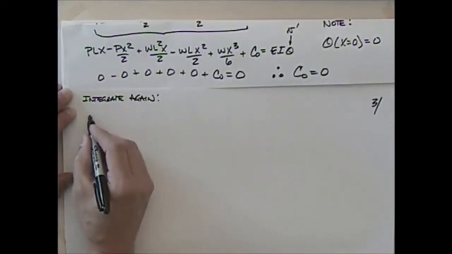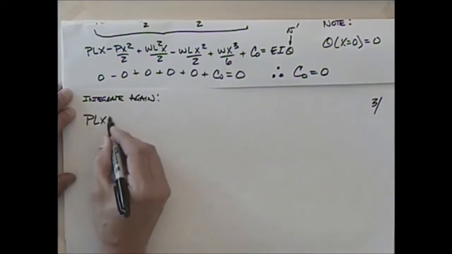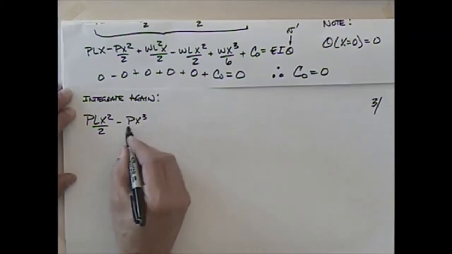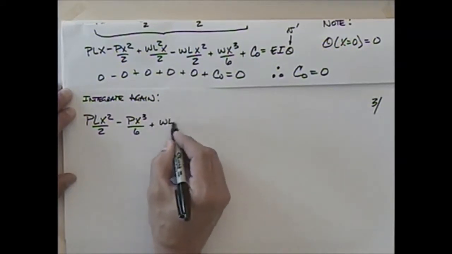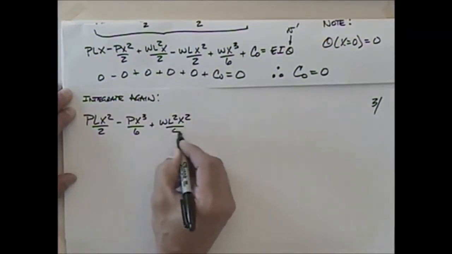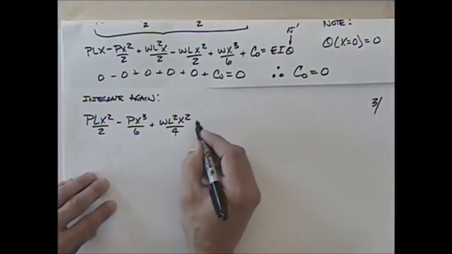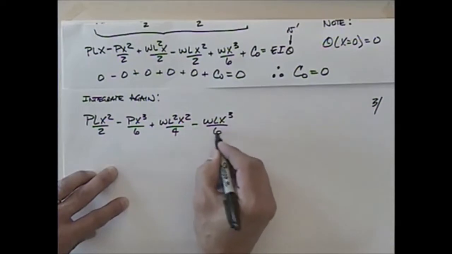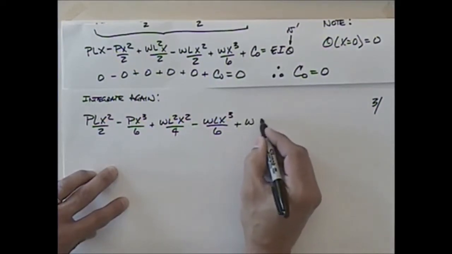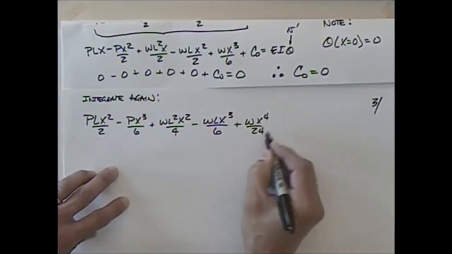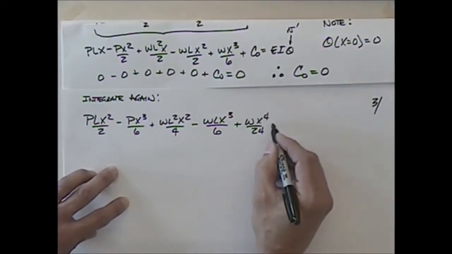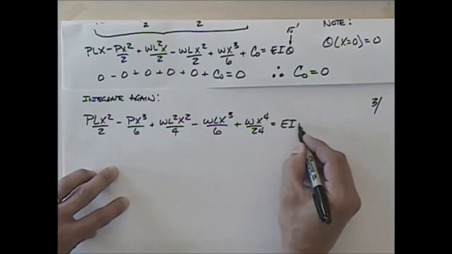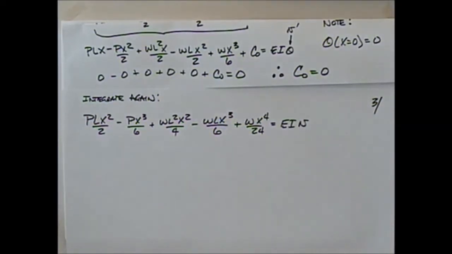So integrating again, you get PLx squared over 2 minus Px cubed over 6 plus WL squared x squared over 4 minus WLx cubed over 6 plus Wx to the fourth divided by 24. C naught was 0, so I don't have to worry about that. Say that's equal to EI times the deflection V.